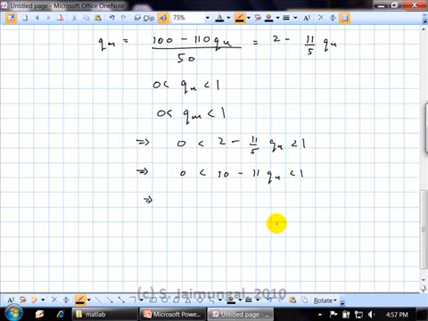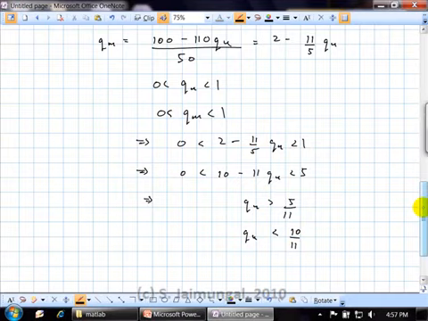What did I do here? Did I make a mistake? Oh, 5. Thank you. Yes, thank you. So QU's got to be bigger than 5 over 11. And QU has to be less than 10 over 11 from that constraint.